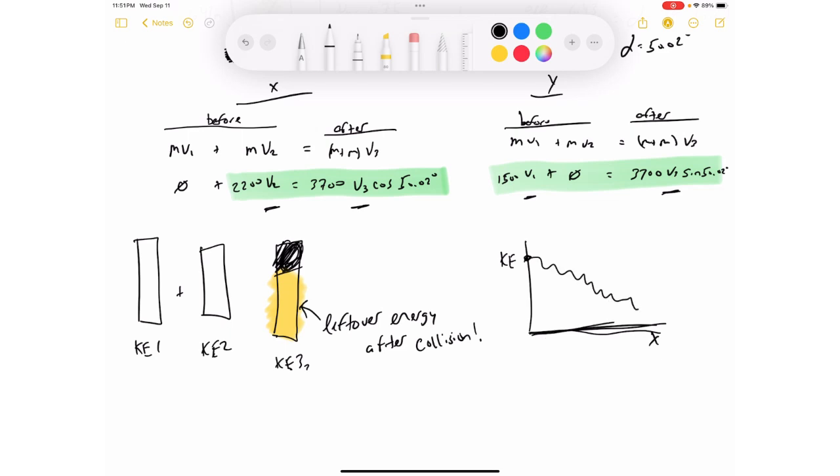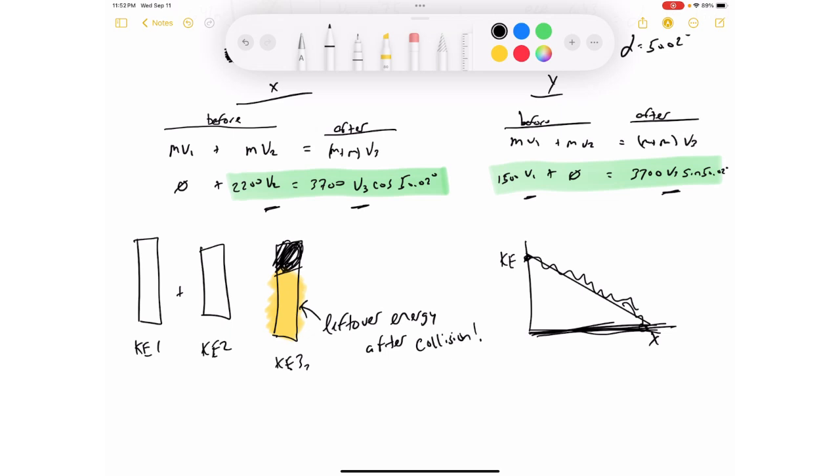I don't know what the graph looks like, but it's eventually going to go to zero, right? As we keep moving on the ground, our kinetic energy is going to bleed off until we have no kinetic energy, and then we've stopped. Now we have no more energy left. It's all been dissipated into heat.